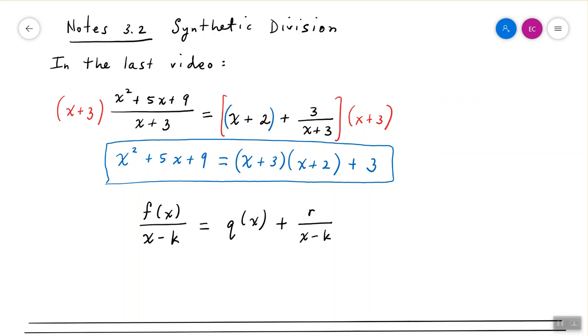So in general, if we multiply both sides by x minus k, on the left side the x minus k's cancel, and we're left with f of x is equal to, and on the right side, x minus k gets multiplied by q of x.